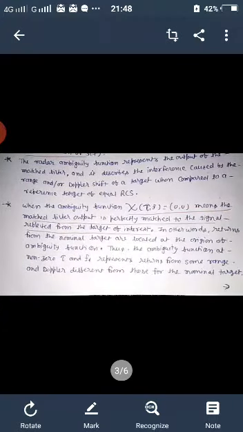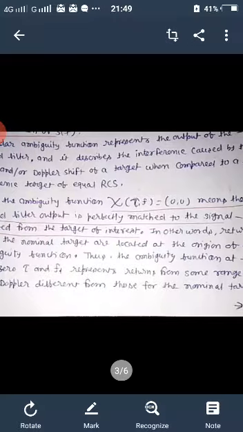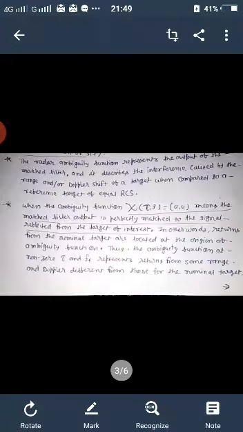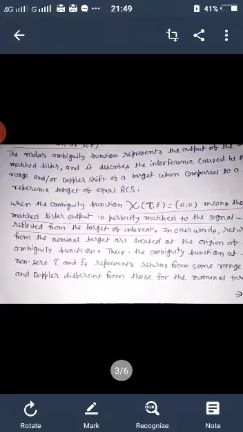Now the radar ambiguity function represents the output of the matched filter, and it describes the interference caused by the range and/or Doppler shift of a target when compared to a reference target of equal RCS. RCS means radar cross section, which we have discussed earlier.